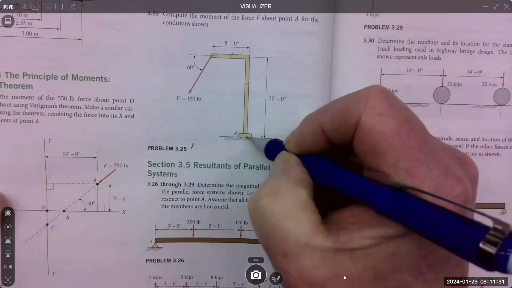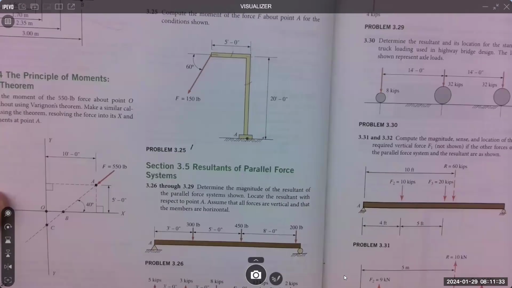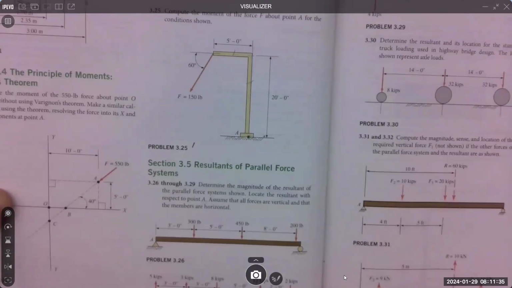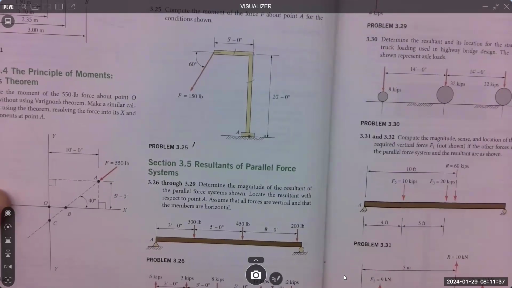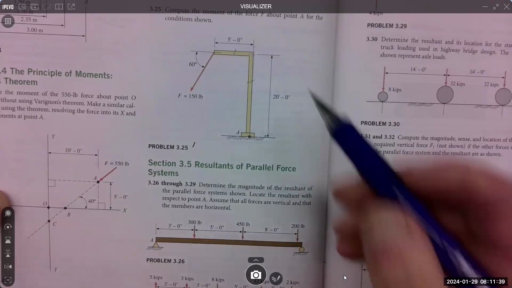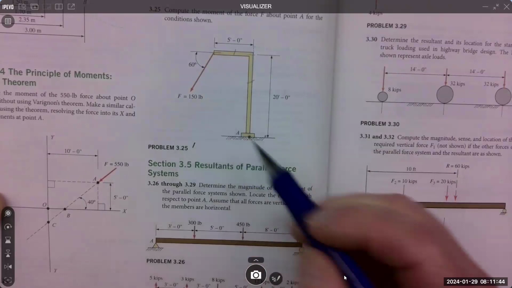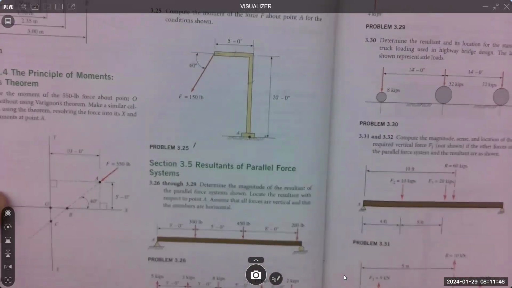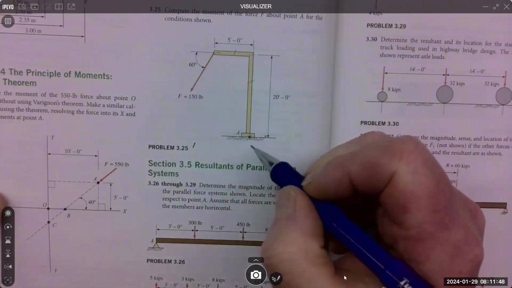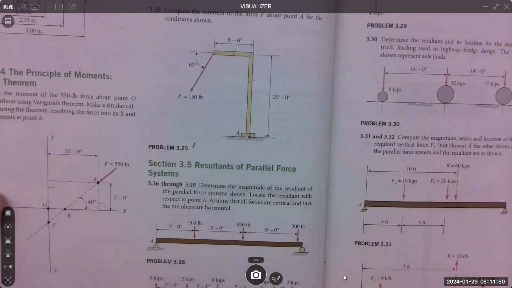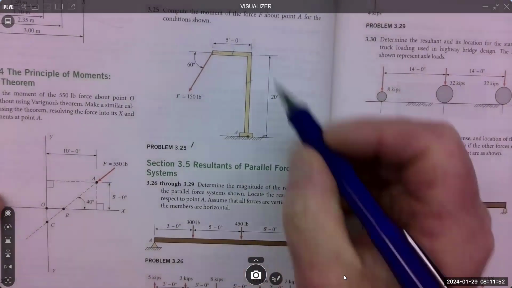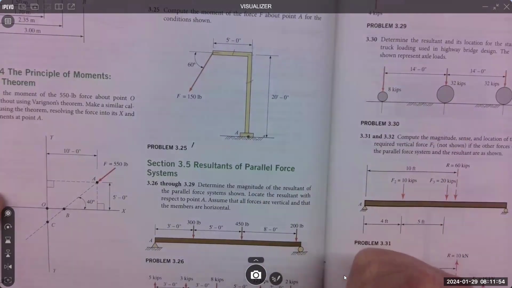So A really must be right there. It has to be. If it's somewhere else, then we really don't know the distance of things, right? So you just kind of gotta go with what they give you to calculate the moment. You gotta kind of locate where you want that moment. Anyway, it's gotta be here because that's where the dimensions run to and from.